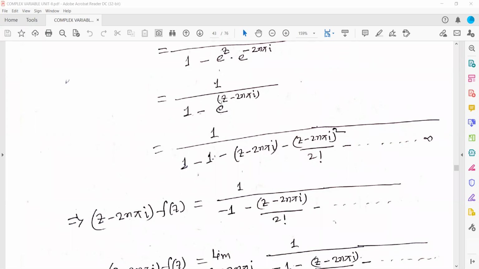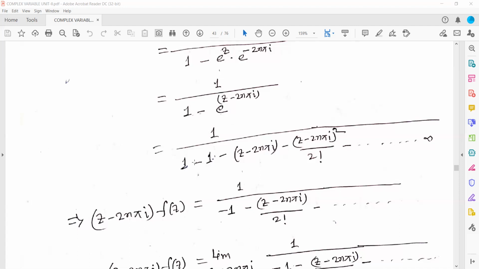E to the power x exponential series: 1 plus x plus x square by factorial 2 plus x cube by factorial 3 plus x to the power 4 by factorial 4 plus dot dot up to infinity. So it is 1 minus, which is there already. Then if you expand this, first you'll get 1.